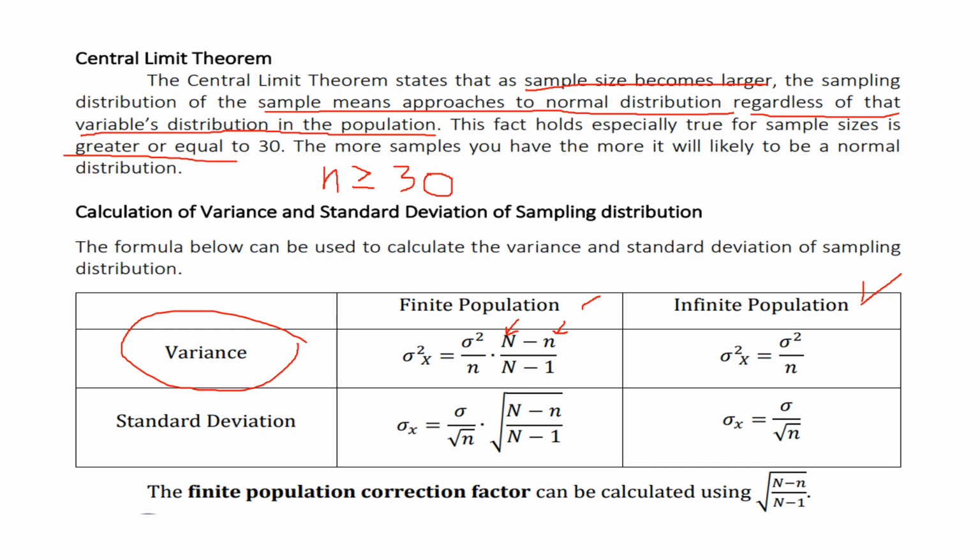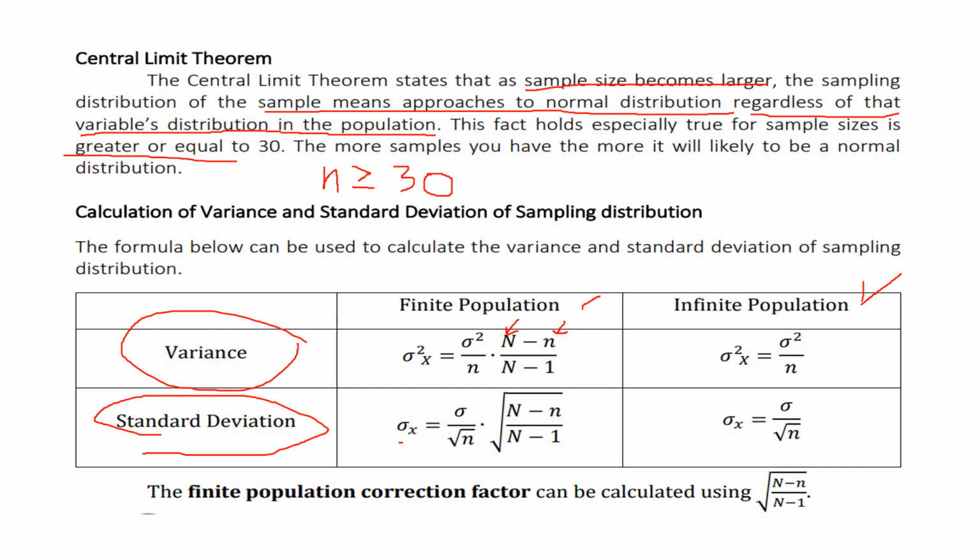Then for your infinite population, your variance, sigma square x, is equal to sigma square over your sample size. For your standard deviation, your sigma x is equal to your sigma, which is your standard deviation for your population, over your square root of n, which is your sample size, multiplied by square root of your population minus your sample size all over your population minus 1.